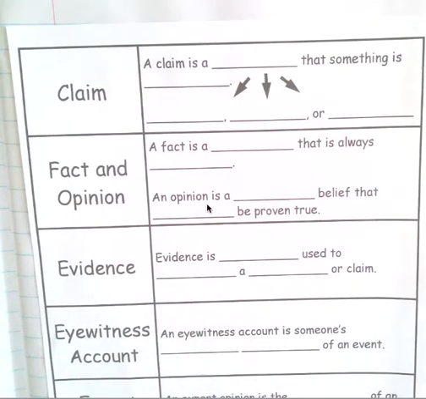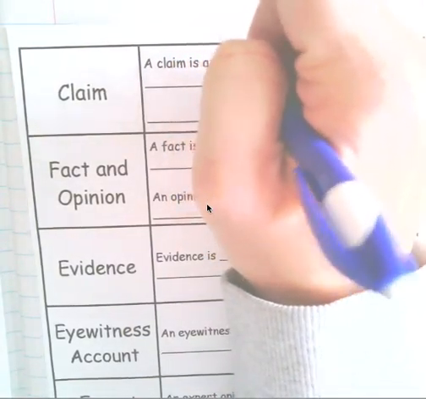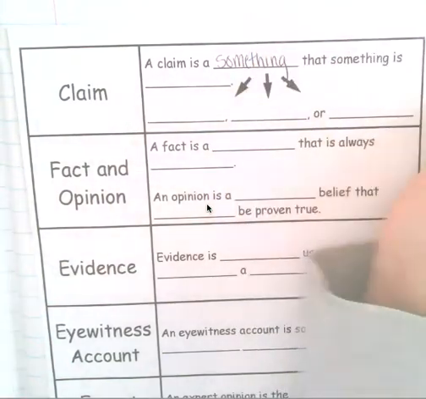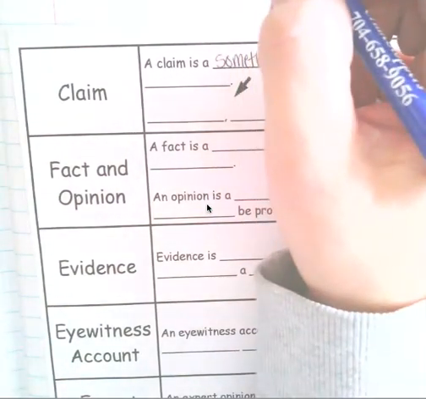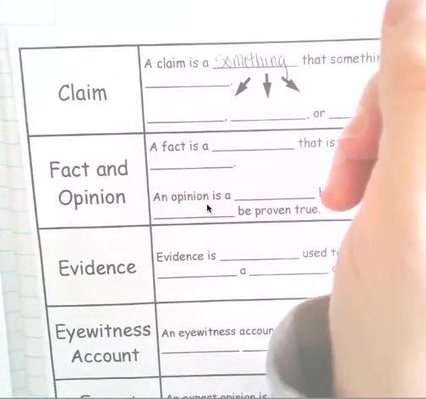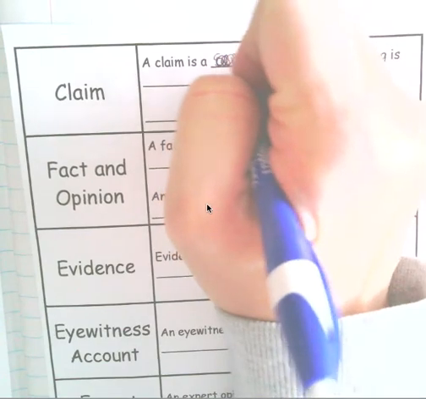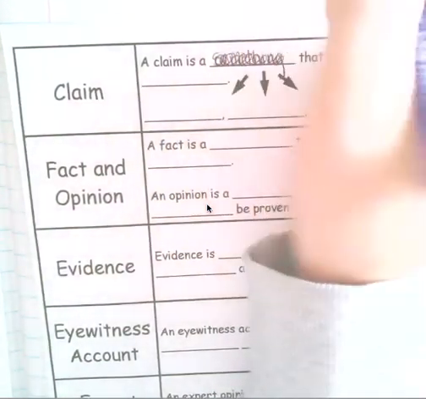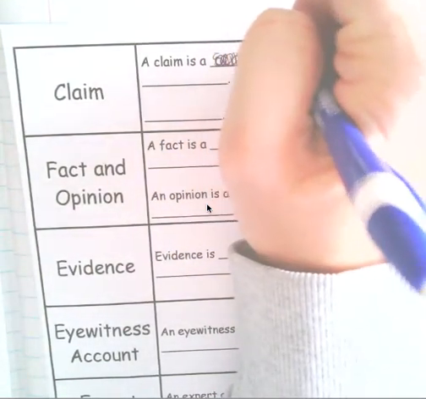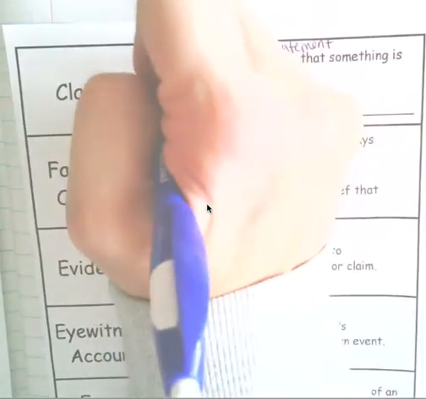A claim is a statement that something is true. Oopsies, Mrs. Sharpley made a mistake. All right, a claim is a statement that something is true.